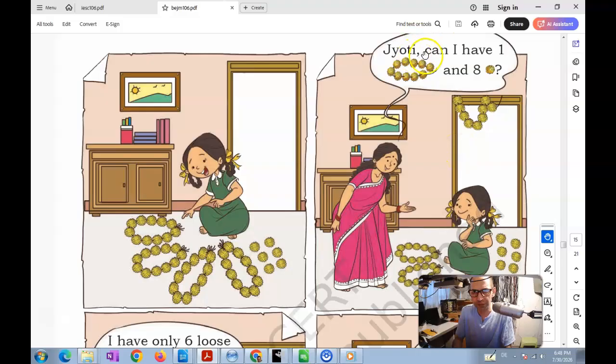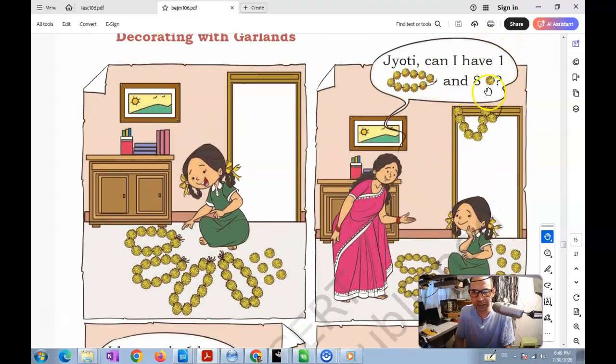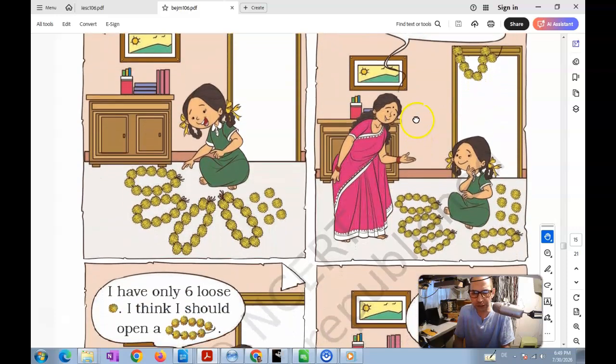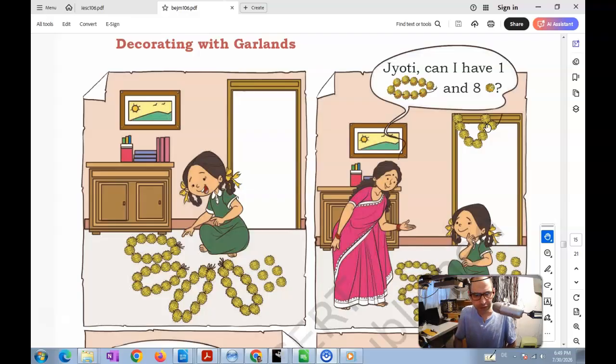And her mom says, can I have 1 ten and 8 ones? So she needs 18 flowers in total. 1 ten would be a 10, 8 ones would be an 8. So 10 plus an 8 would be 18. Now the problem here is that you cannot take 18 flowers out of these, because I'm using the word flower to mean any one of these single unit flowers, and I need 18 of them.